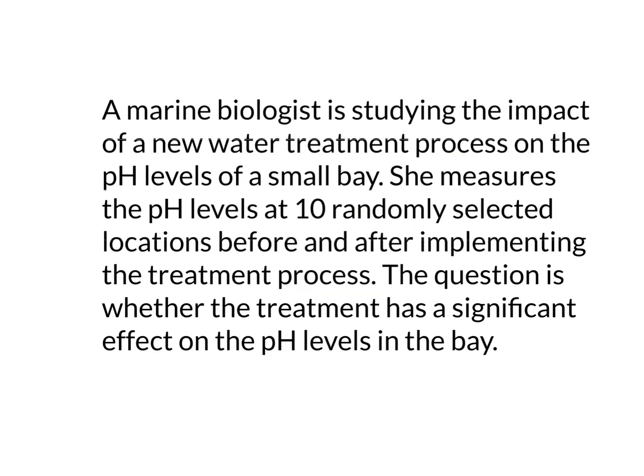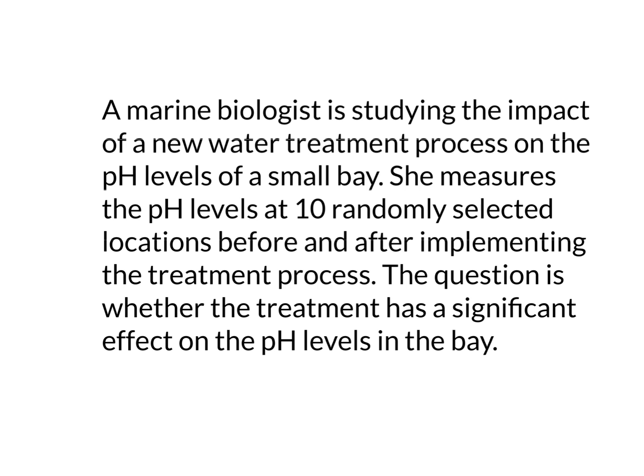So in the example that I have here, we're talking about a marine biologist studying a water treatment process that may or may not have impact on the pH levels of a bay. So the biologist is measuring 10 randomly selected locations both before and after implementing the treatment process.